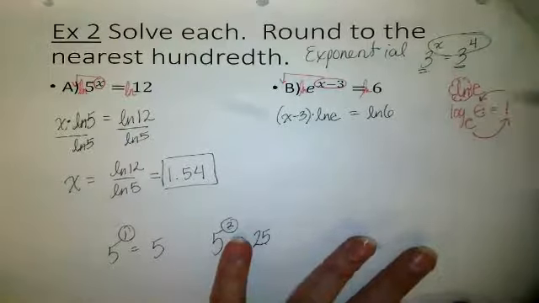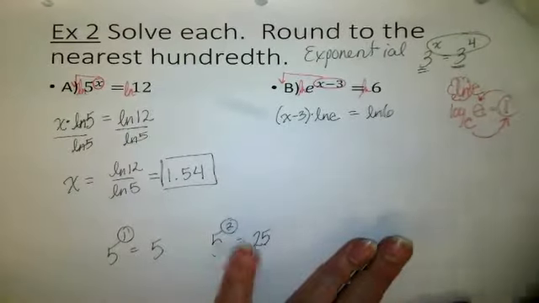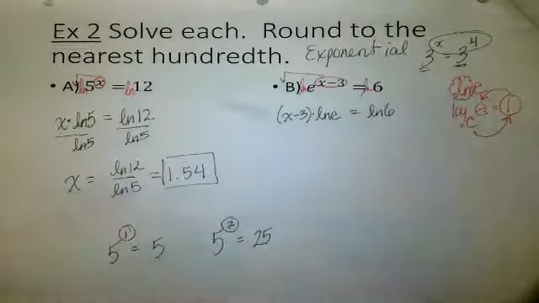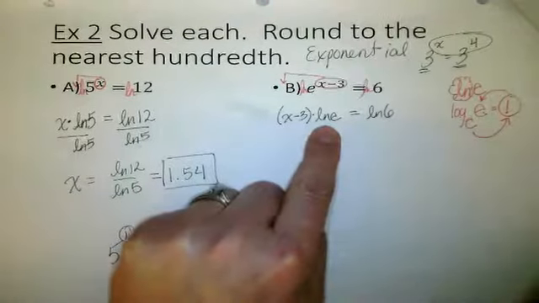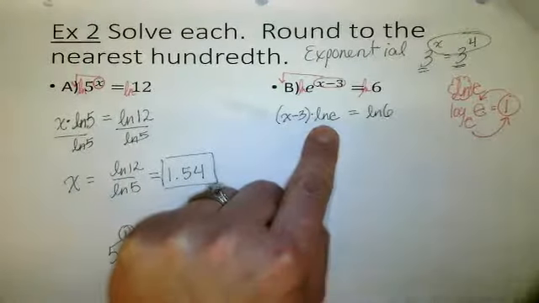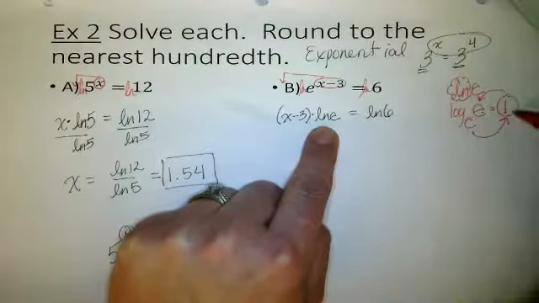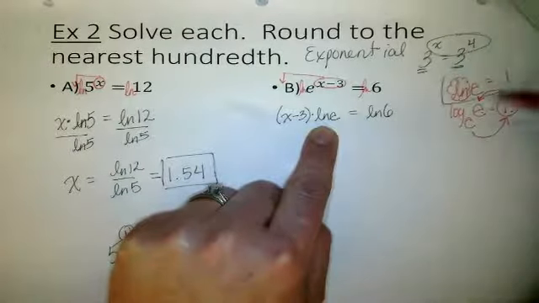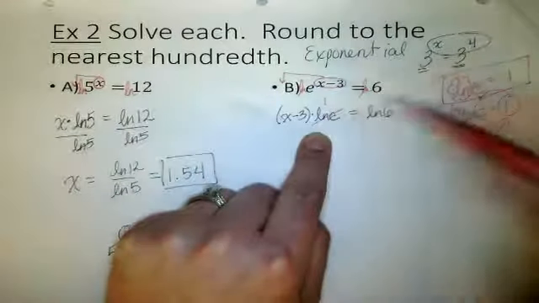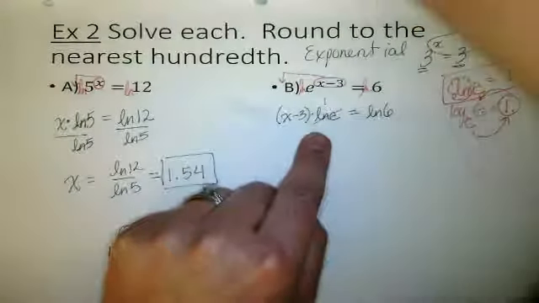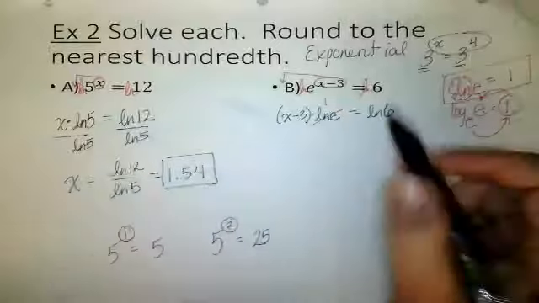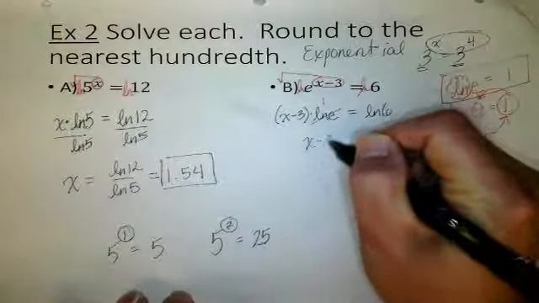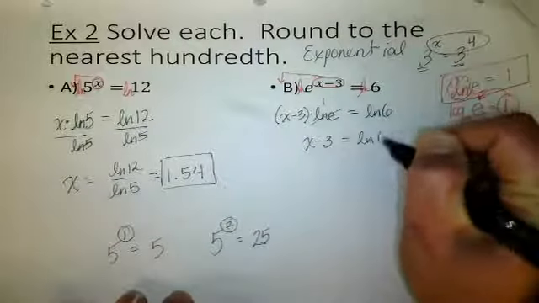Because if you give it a swirl, it makes perfect sense, right? So the natural log of e is really 1. And so we have x minus 3 equals the natural log of 6.